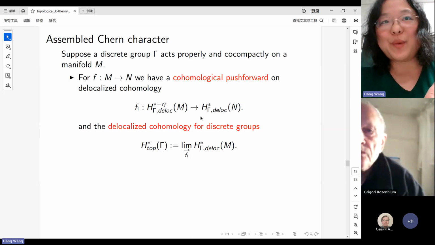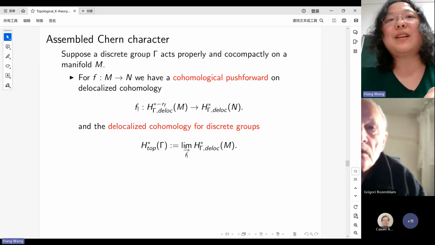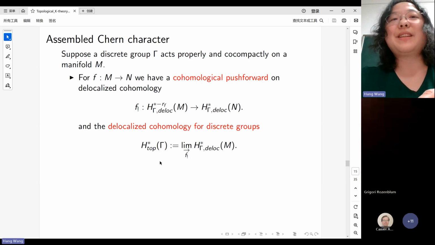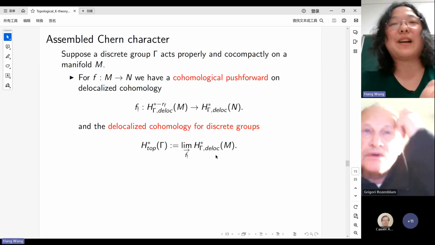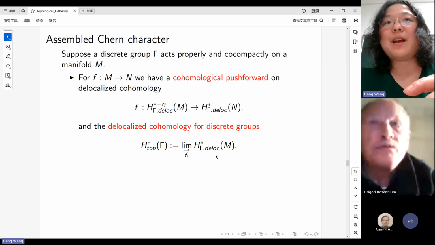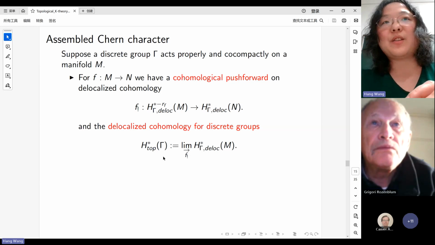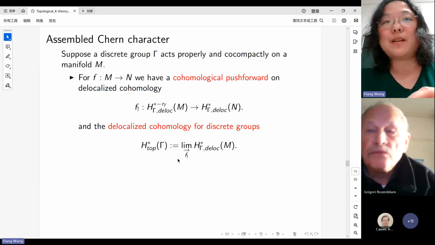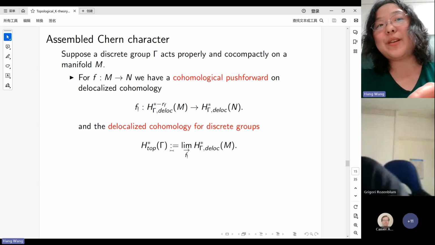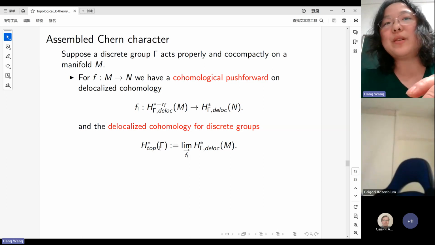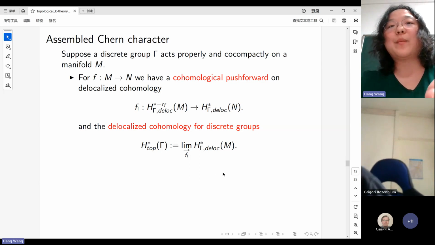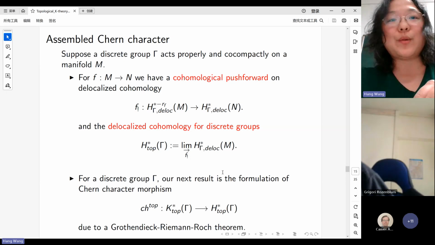With this construction, we can define the ordinary cohomology theory for gamma using this inductive limit map. Furthermore, we can construct a Chern character map going from topological K-theory of gamma to this cohomology theory of gamma. But in order to define that, one has to show compatibility of some diagrams, and that is what we want to say next.